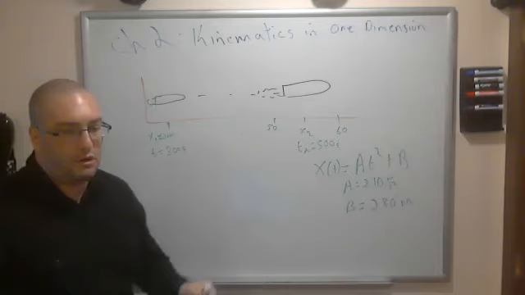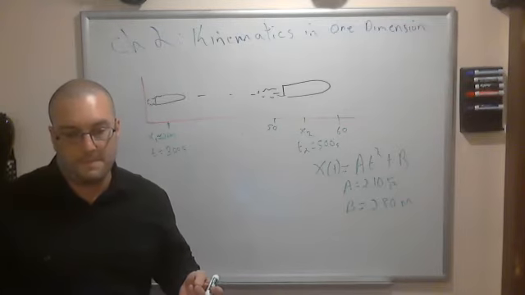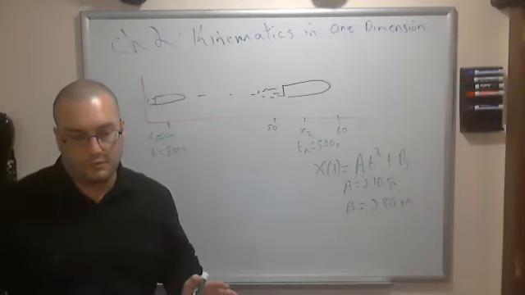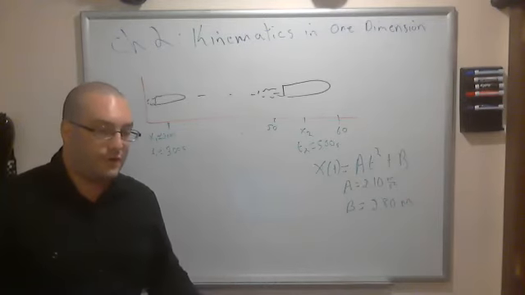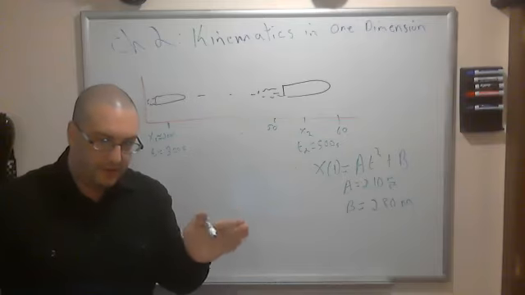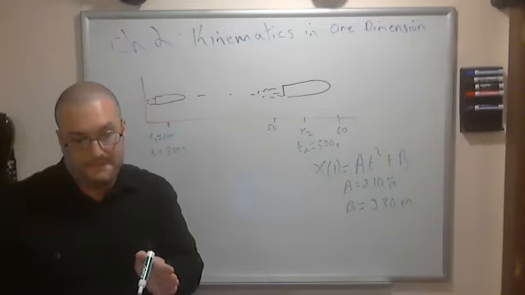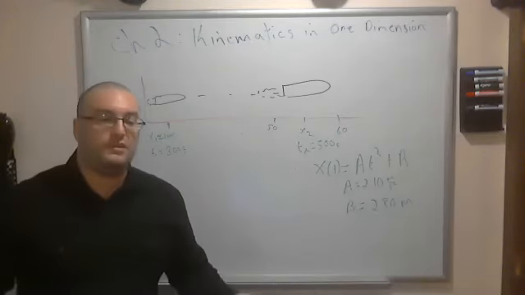Which part of this rocket is at this position? When we talk about the position of a car, which part do we take as the position that we mark? If the car's going a long distance, it doesn't matter.